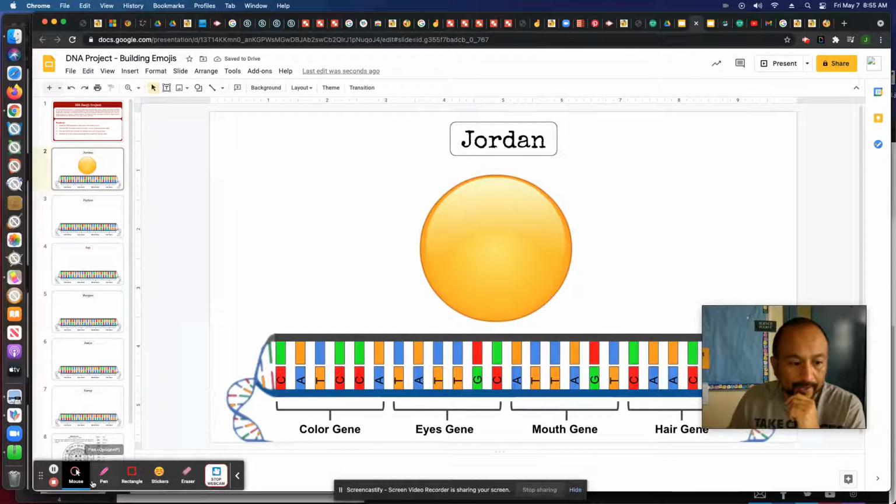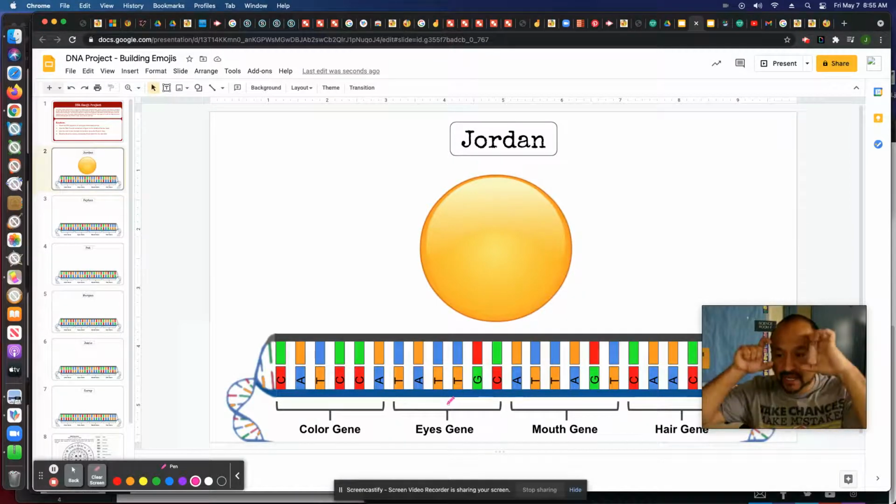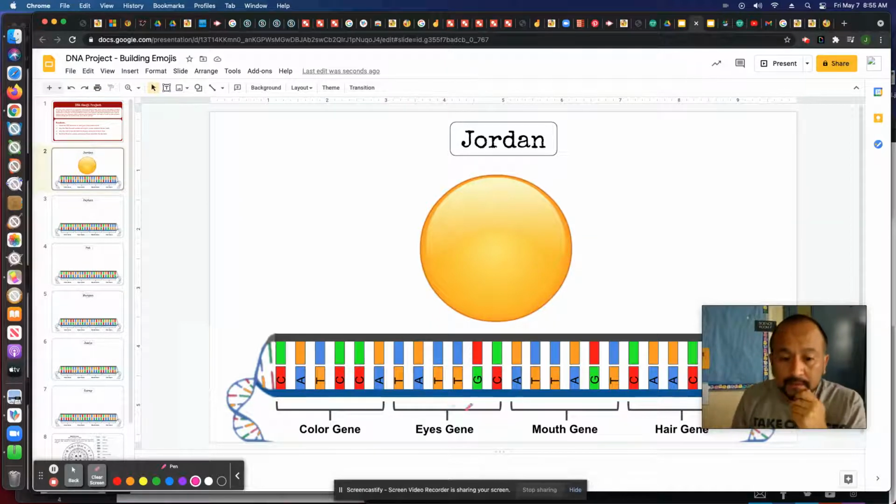Now we're going to look at Jordan's eyes. Are they going to have heart eyes? Are they going to have regular normal eyes? Let's find out. So we're going to look at the DNA sequence. We're just looking at the eyes, right? And we're looking at the first three letters.